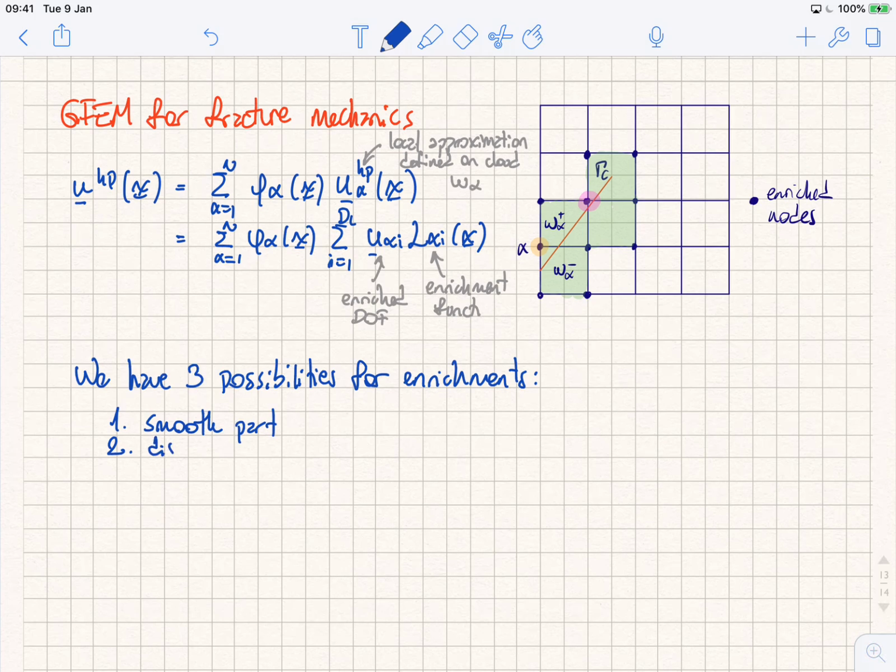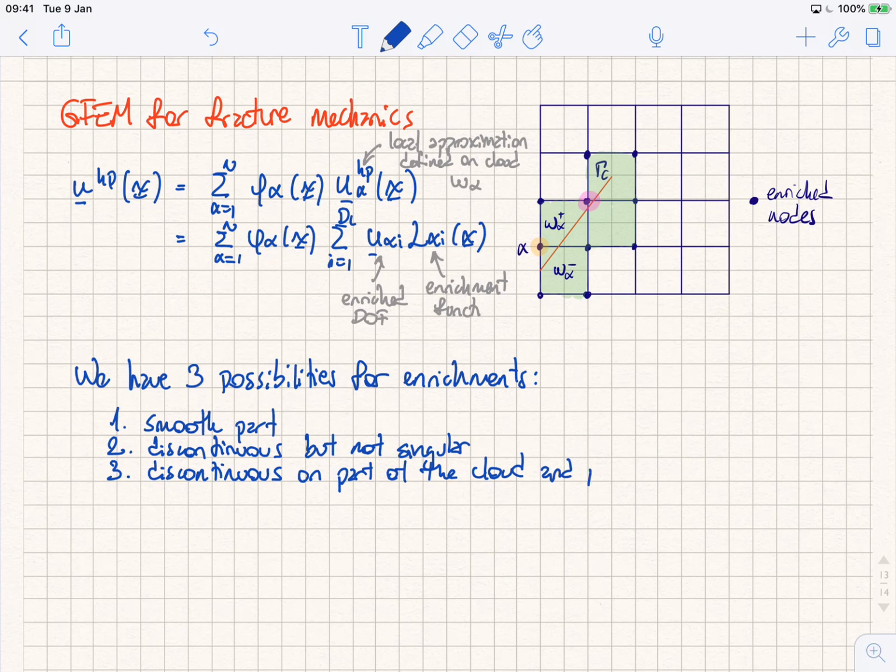Then there is a discontinuous but not singular, and then finally, there is a discontinuous on part of the cloud and possibly singular.